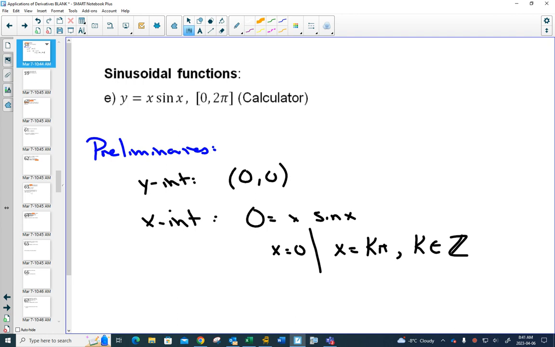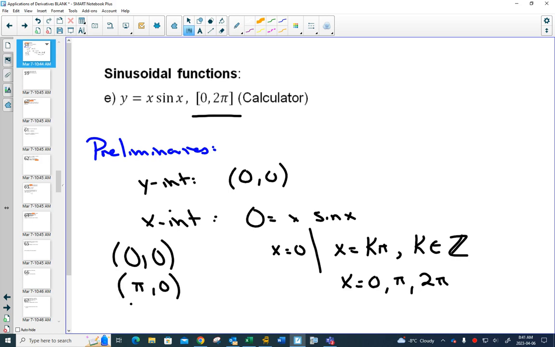For us, because our domain is just between 0 and 2 pi, we're only going to have to worry about 0, pi, and 2 pi. So our x-intercepts are at (0, 0), which is the same as our y-intercept, (pi, 0), and (2 pi, 0).